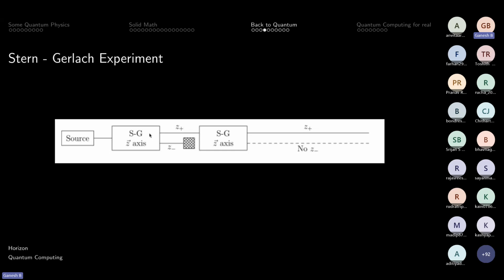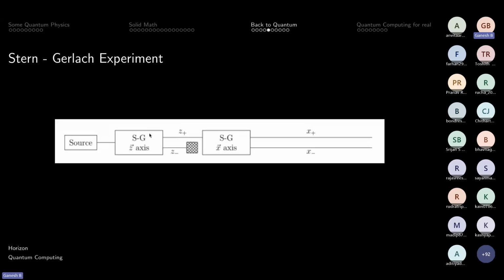I take the positive spin ones alone and pass them through another Z-axis filter. What you see is intuitive: again only the positive spin electrons come out. So this experiment makes sense.